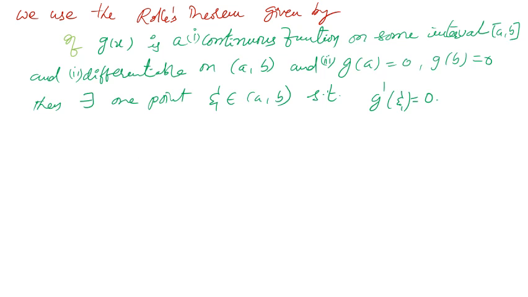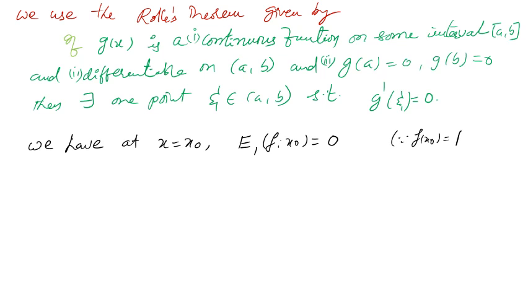Now we have, at x equal to x0, e1 of f at x0. What is the value? Since at the x0 point and x1 point f of x0 is nothing but p of x0, there is no error.